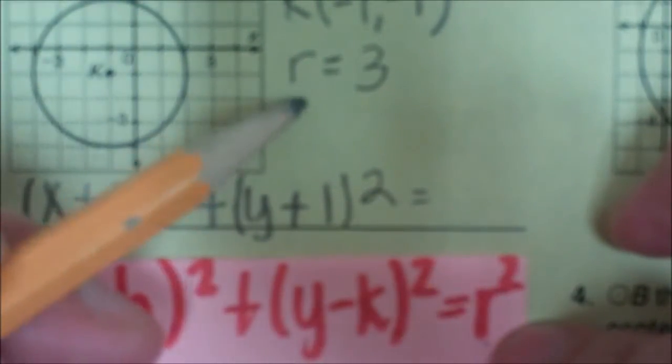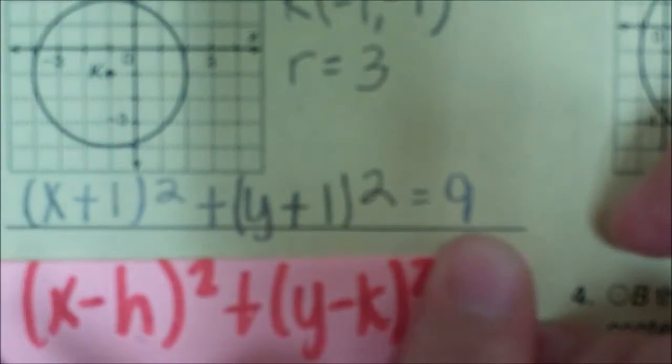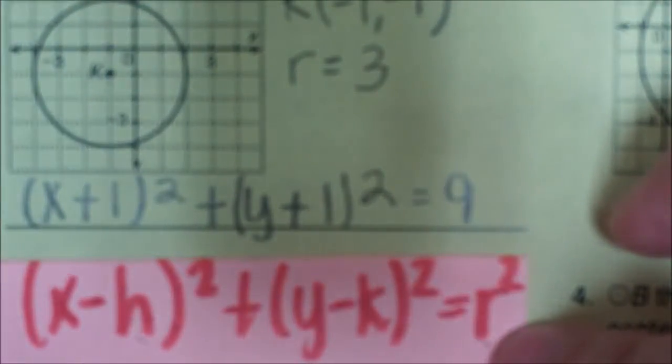So again, if we put in a -1 into this equation, it'll become a +1. Square that, and that's going to equal our radius squared. And our radius is 3, so if we square 3, that's 3 times 3, which is 9. This is the equation of the circle.